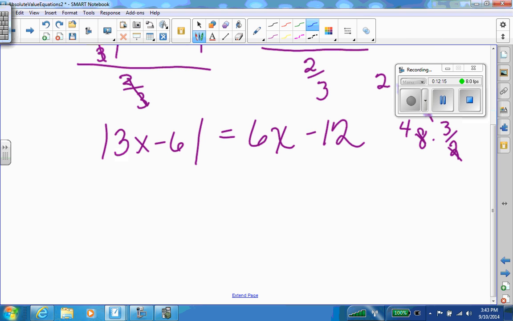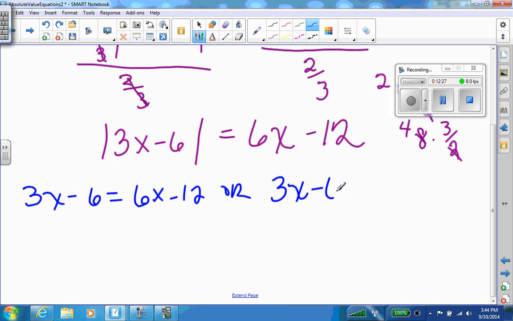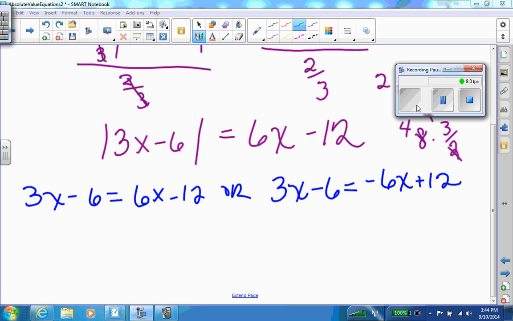So to do that, I'm going to drop the bars for the first one. 3x minus 6 equals 6x minus 12. Or in our second problem, we're going to keep 3x minus 6 and change the signs of everything after that equal sign. Negative 6x plus 12. So let's work on solving this equation on the left side.